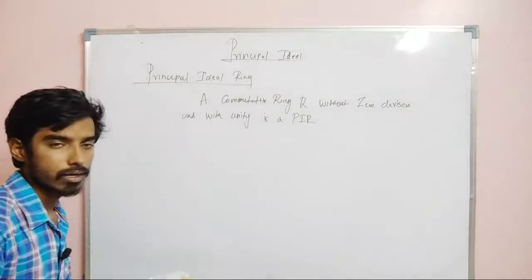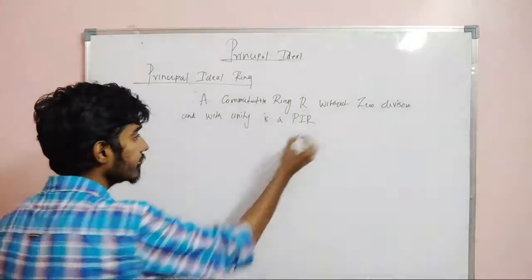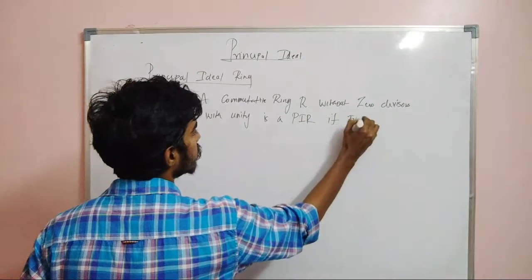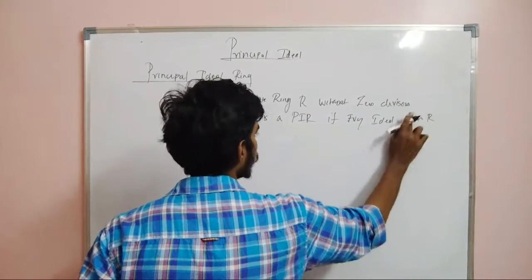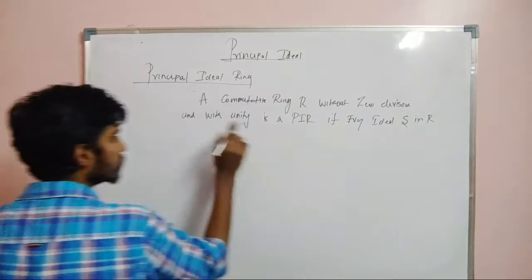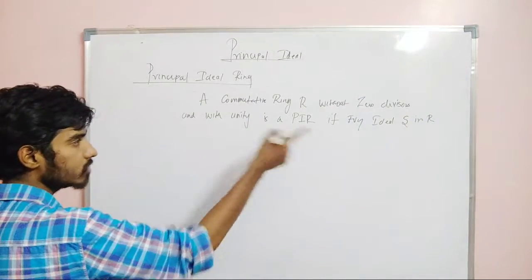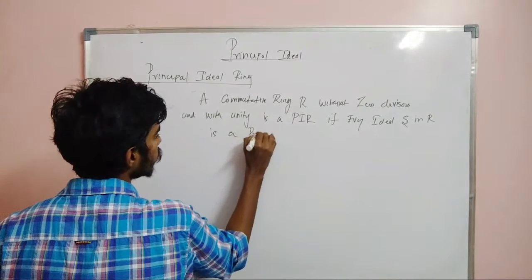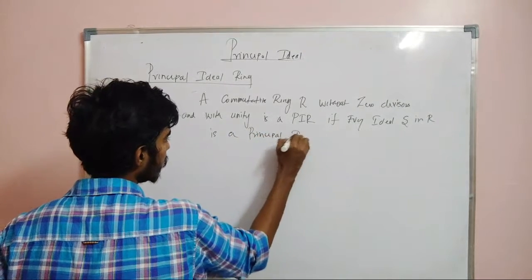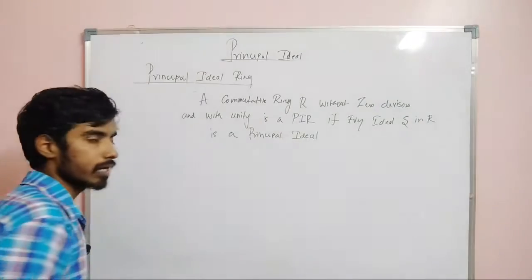So PIR, it's a principal ideal ring, if every ideal in R, whatever ideal you take, is a principal ideal. So whatever ideal R has, that ideal is a principal ideal.